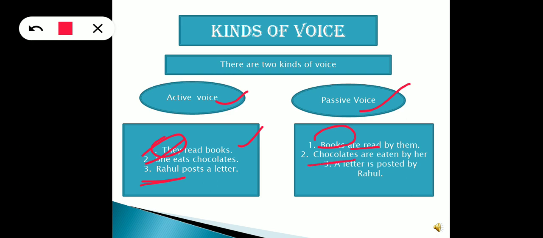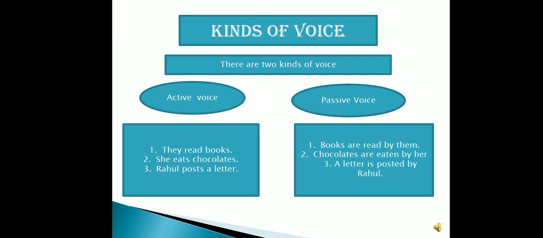Chocolates are not doing some action. Again here the object is being acted upon. A letter is posted by Rahul. Here again a letter is not doing any action. So all these three sentences are in passive voice. Let's move to the next slide.